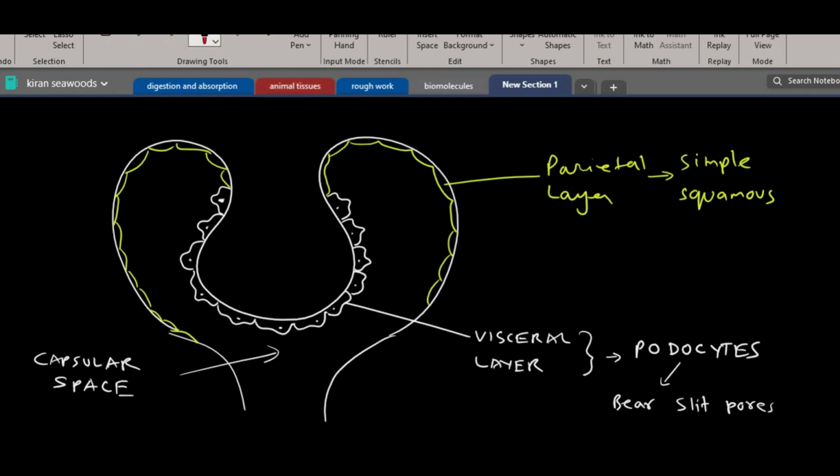Now when the capillaries enter into the capsule, even the capillary bears squamous epithelium, which is specifically referred as endothelial lining. I'm not drawing all the capillaries, but just for understanding purpose, as you can see, squamous epithelium. And between these layers, this one is referred as endothelium.